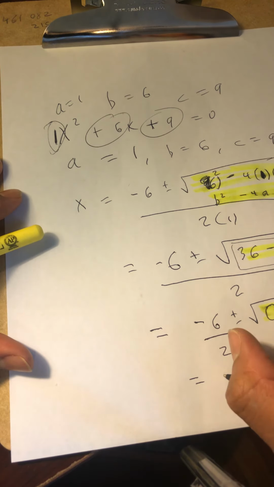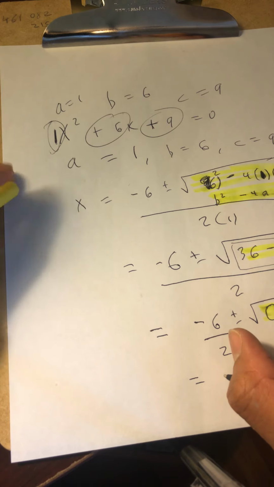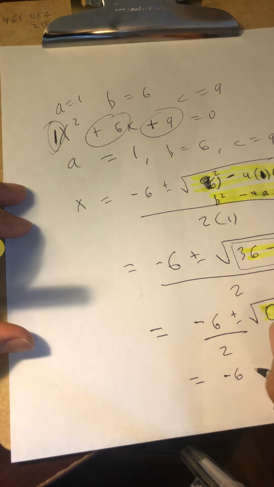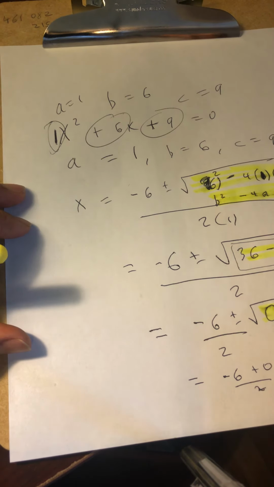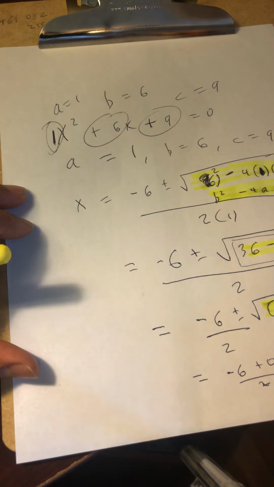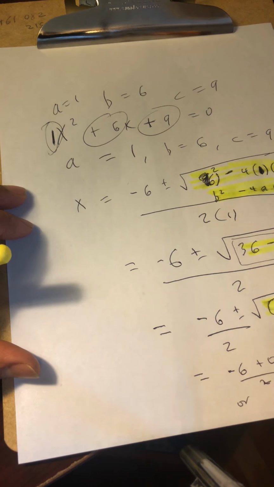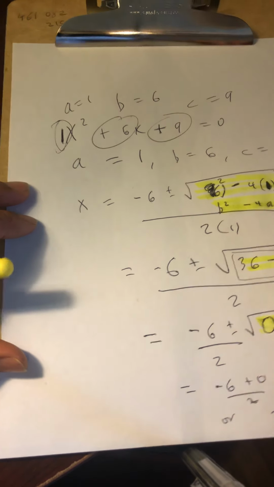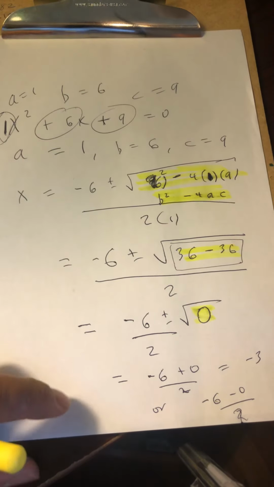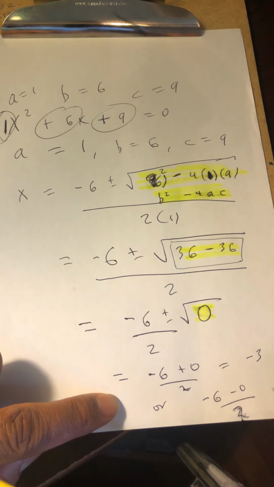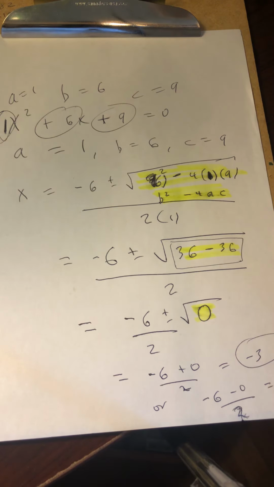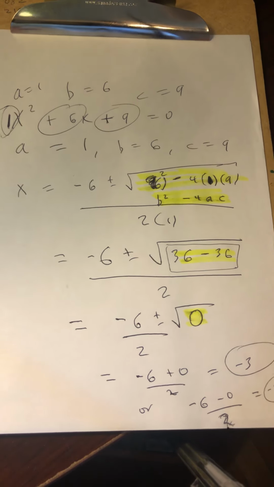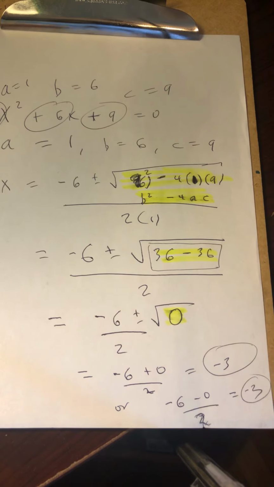So it's minus 6 plus 0 over 2, which is negative 3, or minus 6 minus 0 over 2, which is still negative 3. So you got one repeated rational solution. It's the same solution repeated.